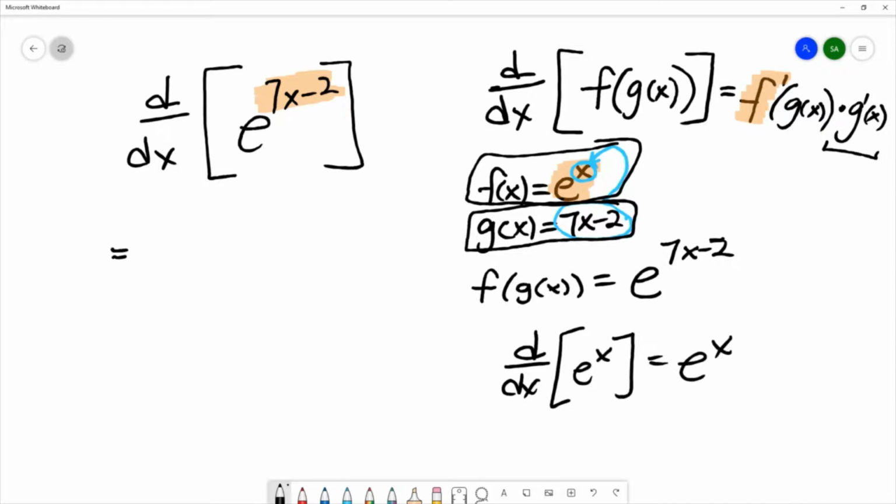So if I'm following that rule, that's saying that it stays the same. And then I need to multiply by the derivative of the inside. So that's multiplying by g prime. So I want to multiply by the derivative of what's in the exponent.